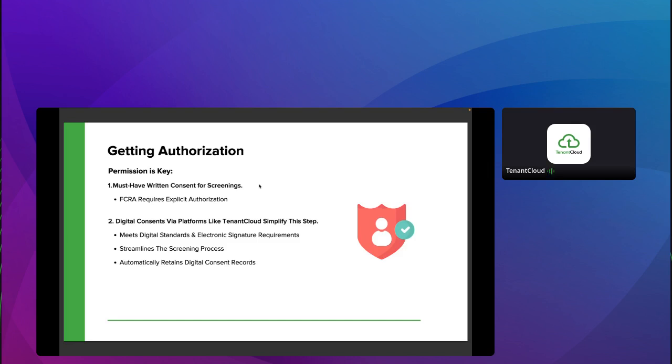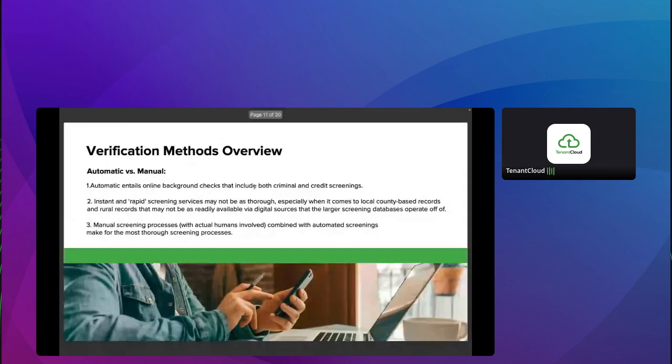Digital consents via platforms like TenantCloud, of course, simplify that step because we meet digital standards and electronic signature requirements according to the law, so that anything that relates to the screening process, they're signing off and allowing their screenings to be conducted. It streamlines the screening process and it automatically retains digital consent records and other important records that you are going to need should you ever be challenged on your ability to conduct screenings that you pulled on an applicant.